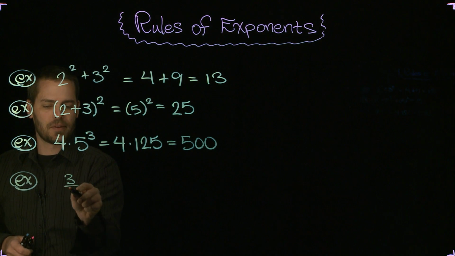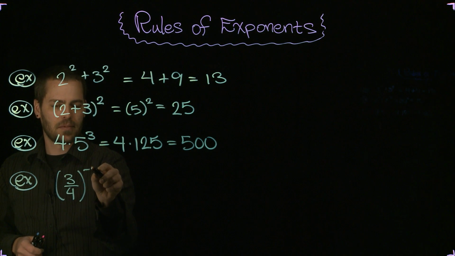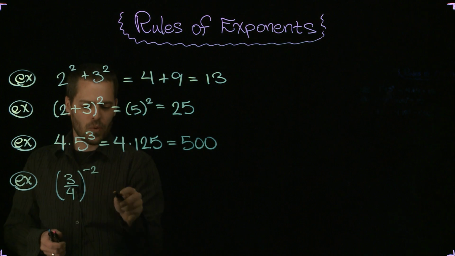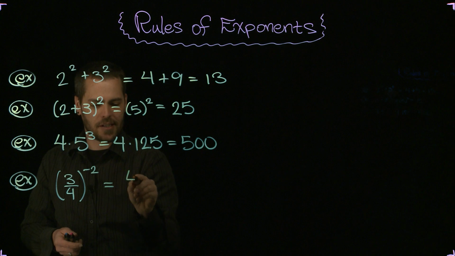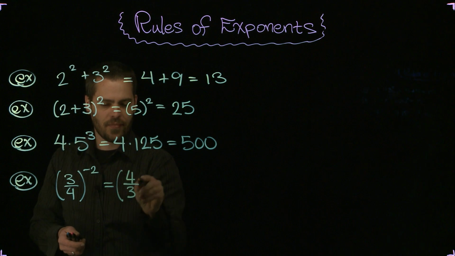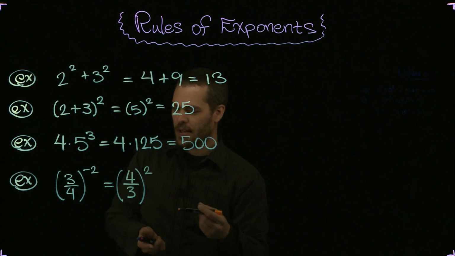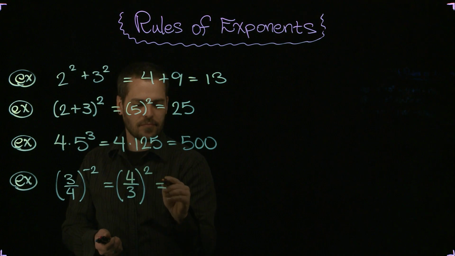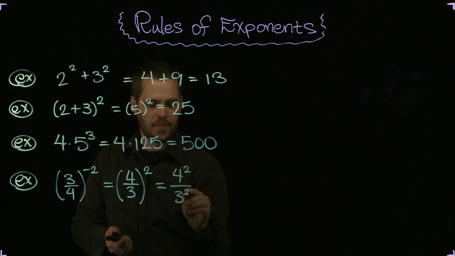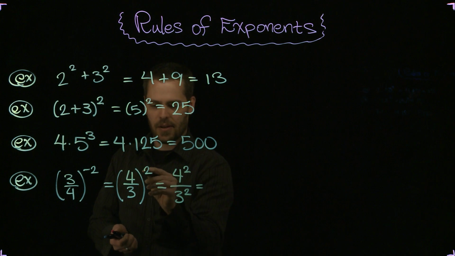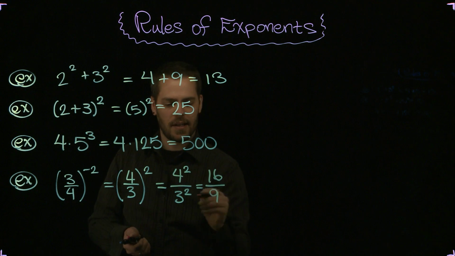Let's do 3/4 to the -2. We can use that property that says, oh, we can flip over that fraction on the inside and rewrite this as having a positive power on the outside. That's one way to do it, and it's a fine way. This gives me then 4 squared over 3 squared after I distribute this power to the powers of those numbers, which is 16 over 9 in the end.